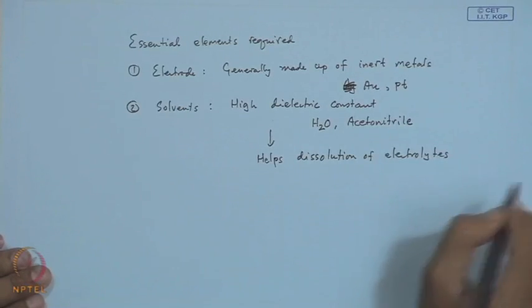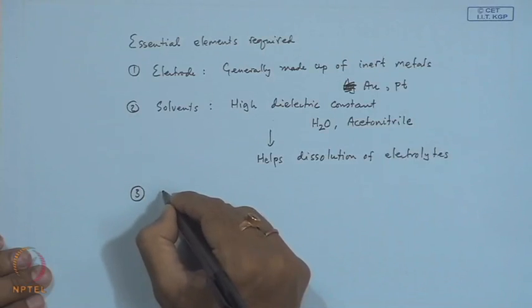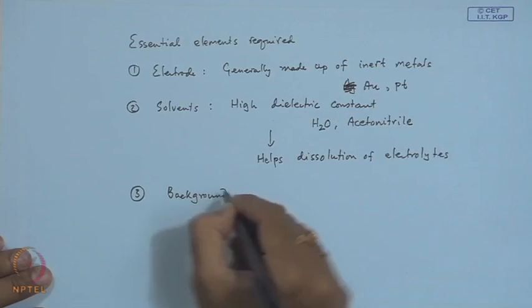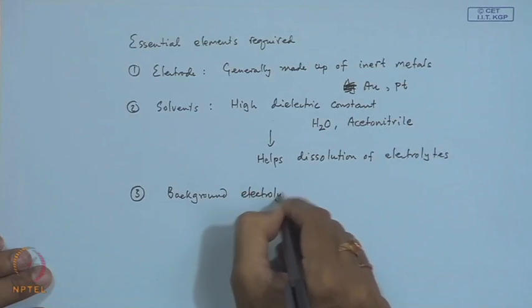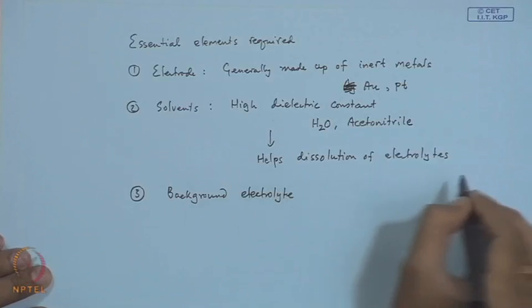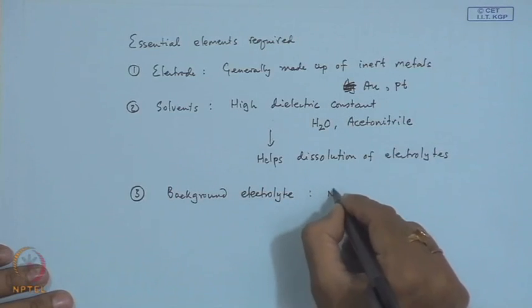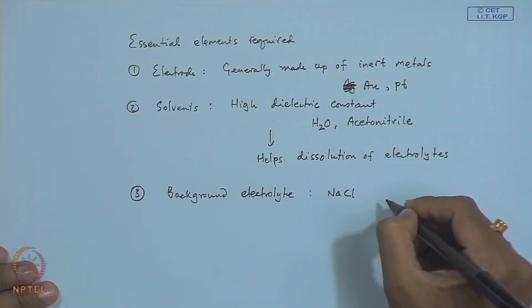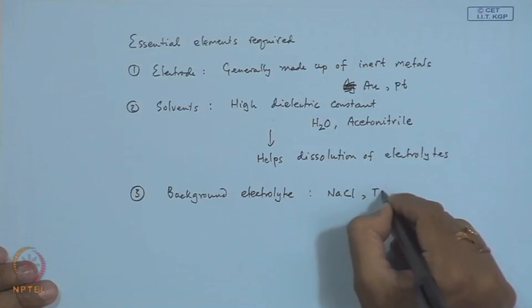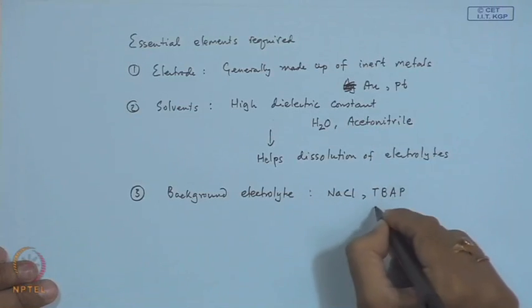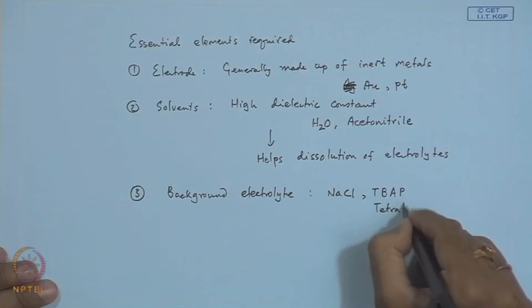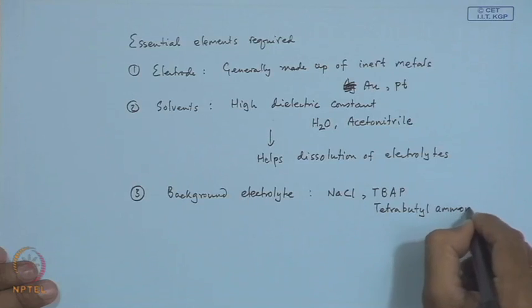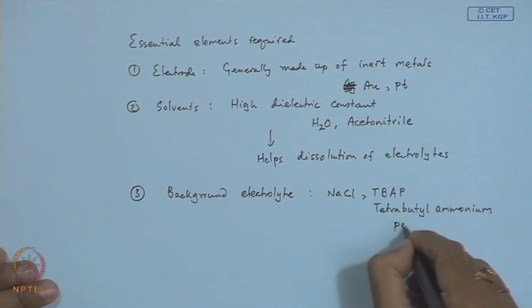And generally a background electrolyte is needed, like NaCl, which is electrochemically inert, or TBAP, tetrabutyl ammonium perchlorate.